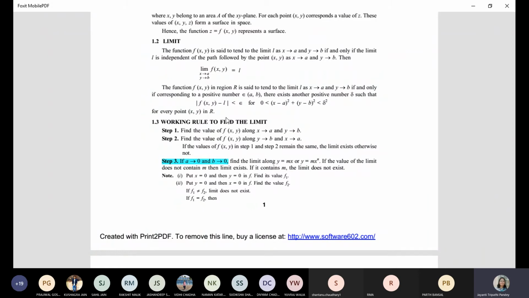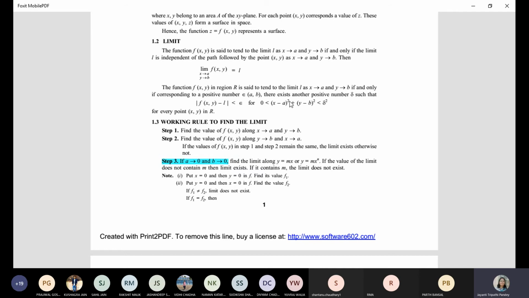Okay, so this is very important, that it should not matter how you are reaching AB, that should not alter L. And if that does not alter L, then we say that the limit exists.